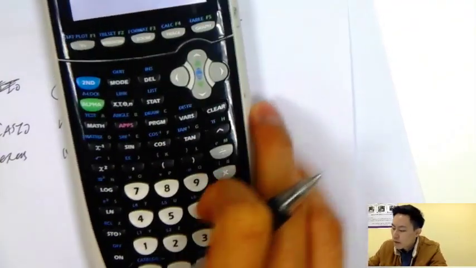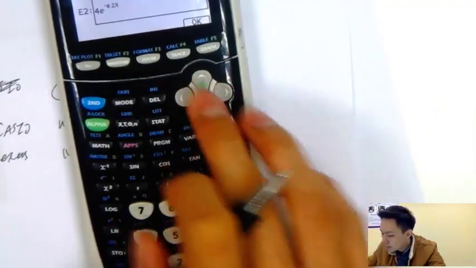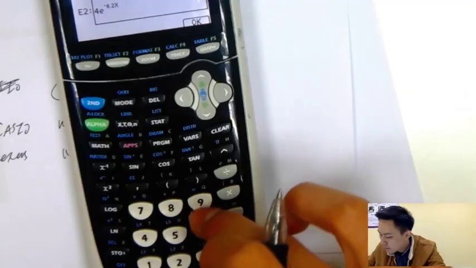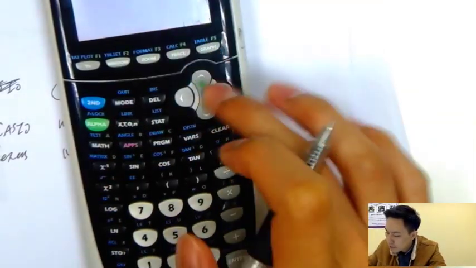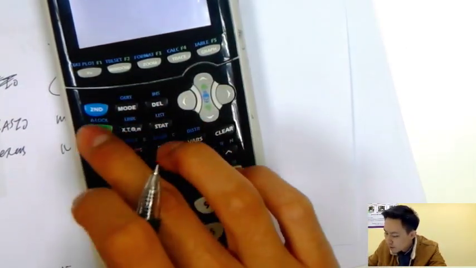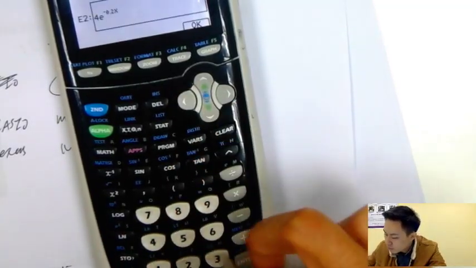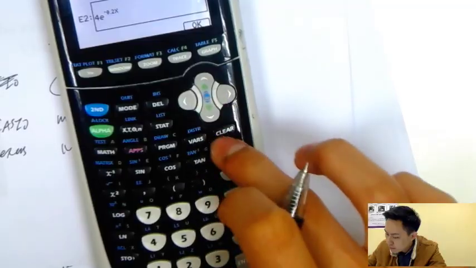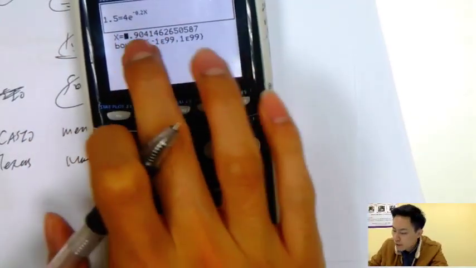Let me show you one more time. Let's say 1.5. Previously I typed this in, so that's why. Actually, in your calculator you won't see the answer directly, because when I type in 1.5 here, your calculator should show 0 here.